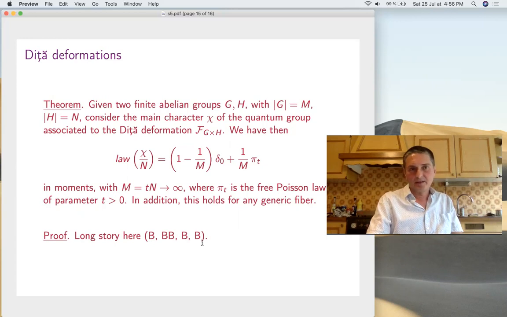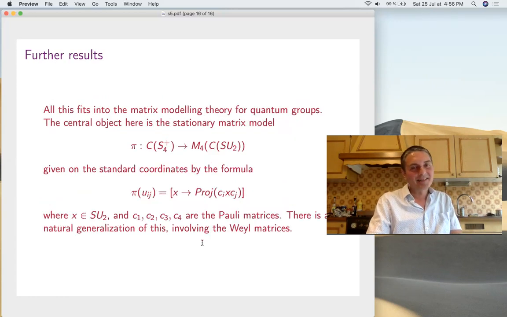Very interesting. Now, how to get beyond this? Of course, there are many Hadamard matrices still waiting to be studied, like the Paley ones or Williamson, many interesting examples. But there's also another direction. Forgetting now about this subfactor business, all this fits into the matrix model theory for quantum groups. There's been a lot of work here, and we have a whole theory going on.